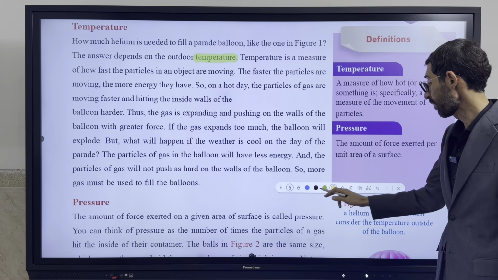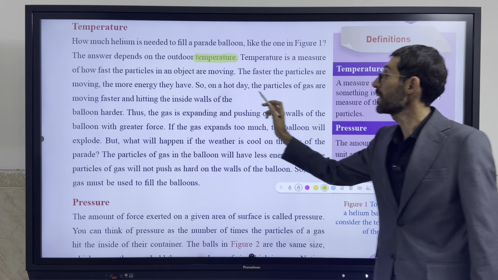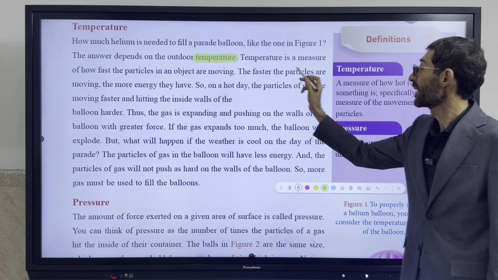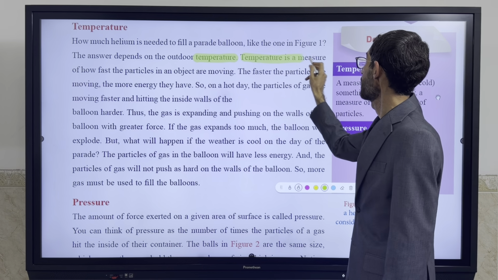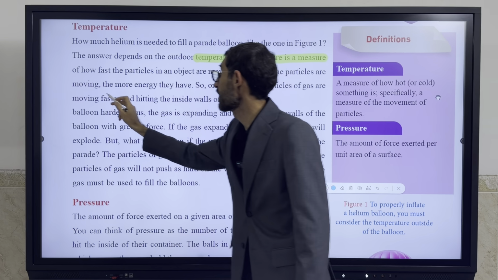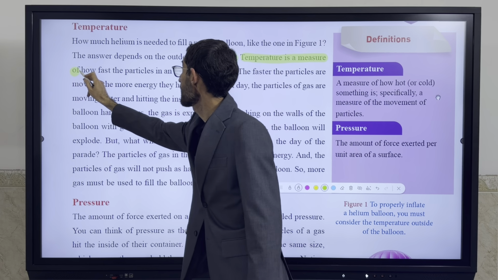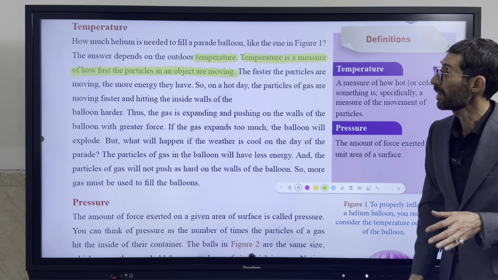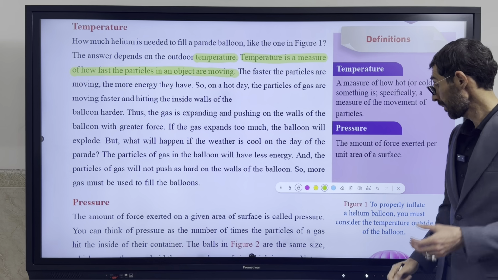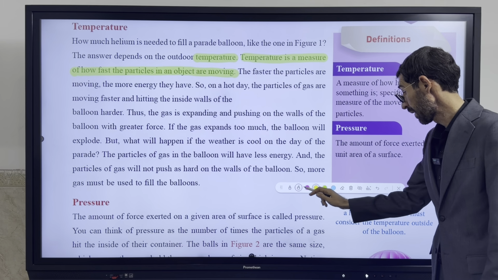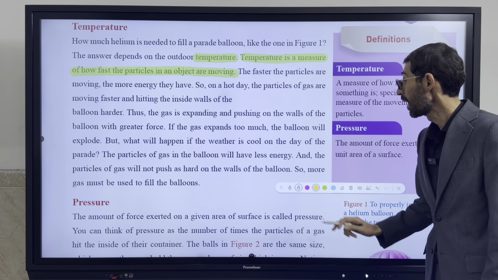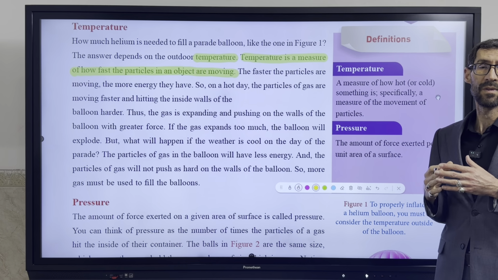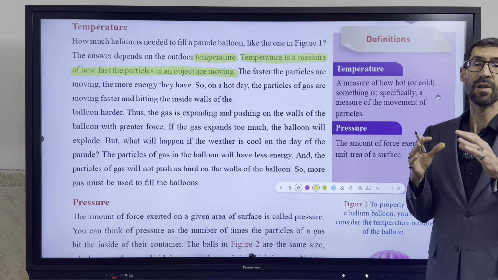Temperature is a measure of what? Temperature is a measure of how fast the particles in an object are moving. This is the scientific definition of temperature. So the scientific definition is the measure of the speed of the particles of an object.